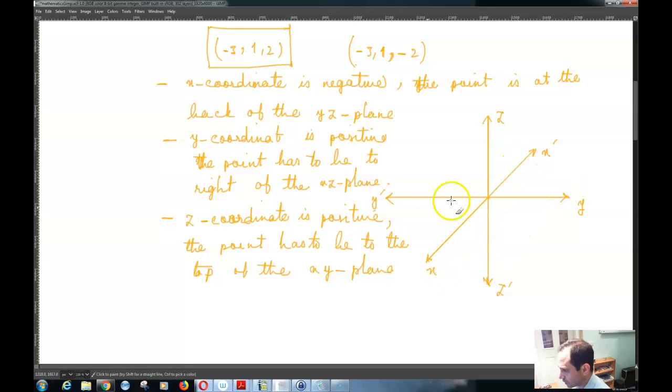So therefore I can conclude that the point is in the x prime OYZ octant, or you can say the second octant.